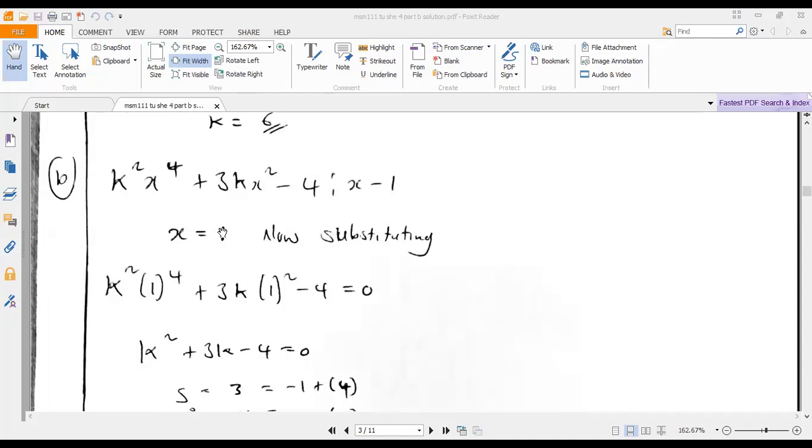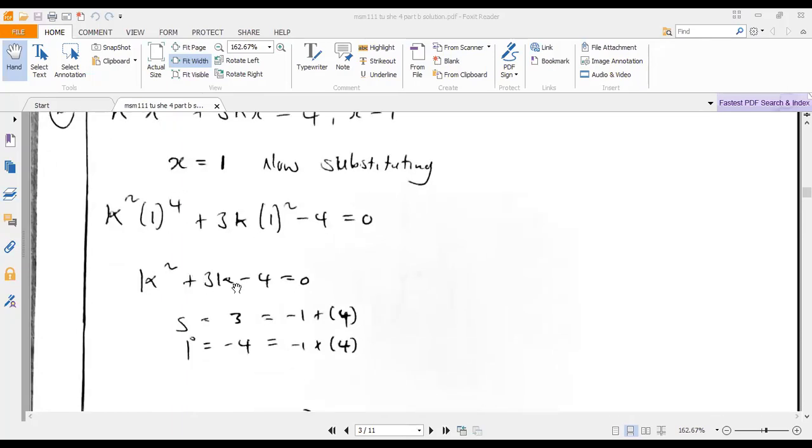When you look at B, we've been told to find the values of k. It's the same idea, whereby we first solve for the second polynomial and find the value of x. So we find that x is 1. Now, we substitute 1 in our original equation, k squared x to the power 4 plus 3k, and so on. We put a 1 where there's x. So we have k squared. When we do the manipulation, we form a quadratic equation.